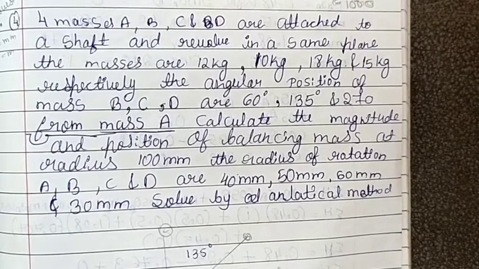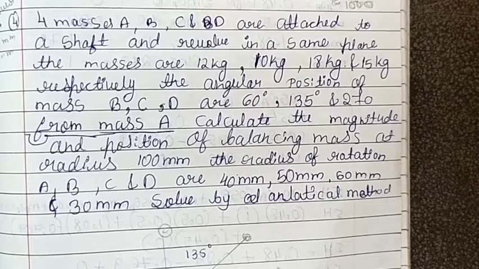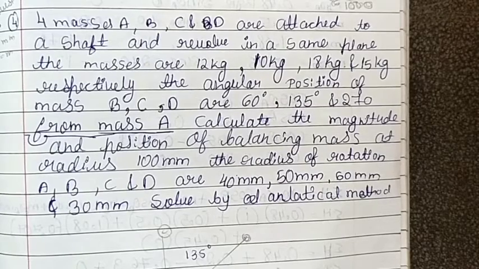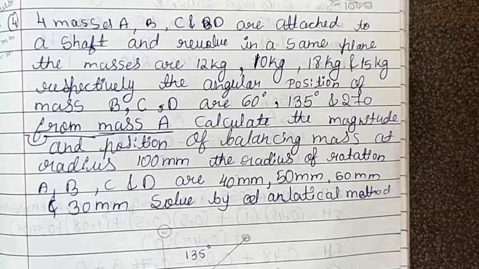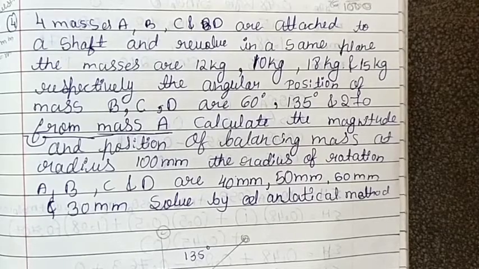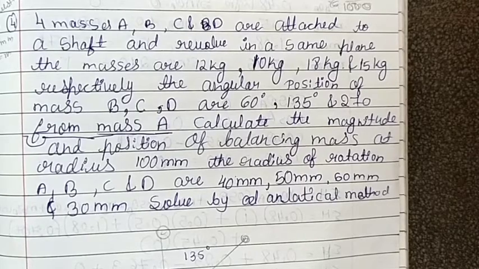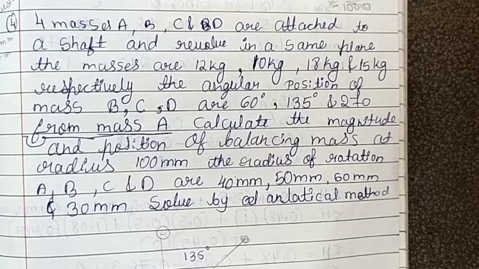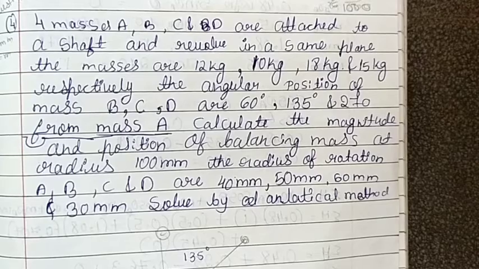Here in this problem all the angles are given from mass A. Calculate the magnitude and position of the balancing mass. That means you need to find the balancing mass M in kg and the position of the balancing mass, which means the angle of that balancing mass.